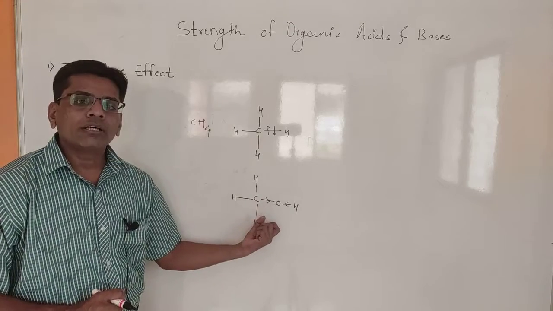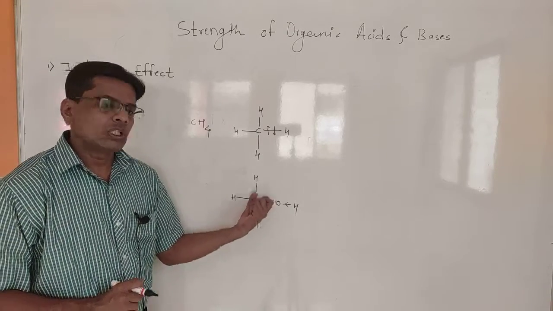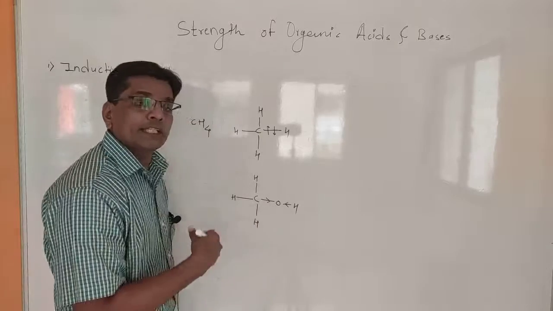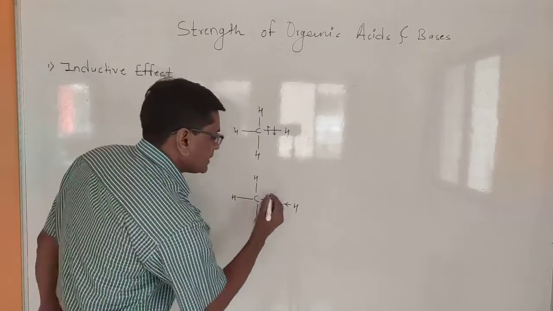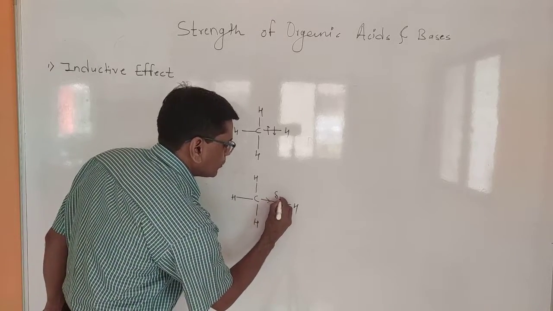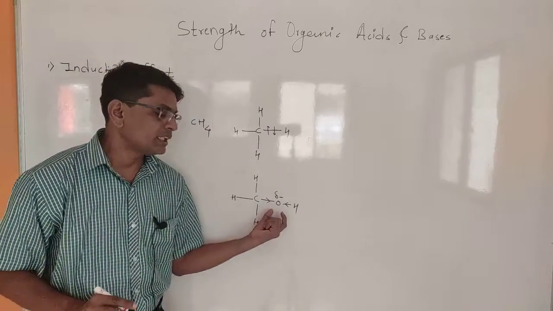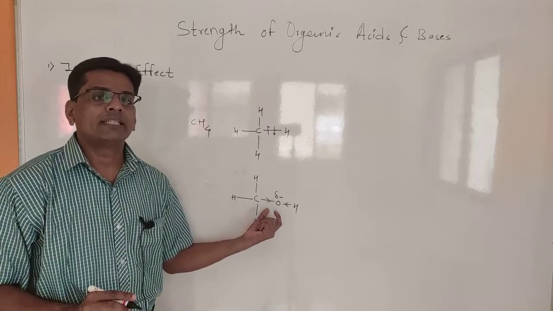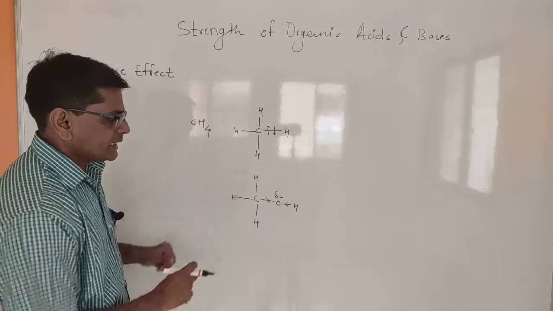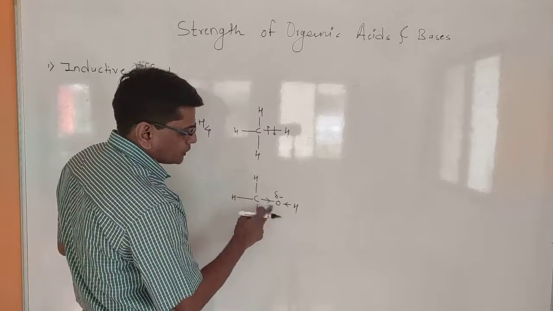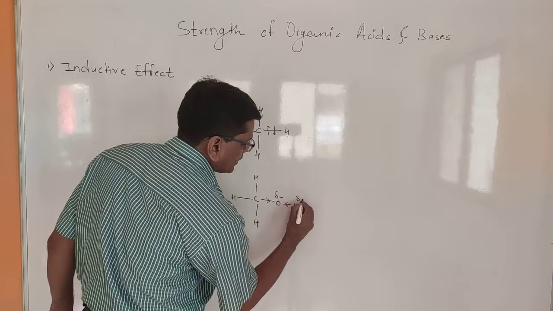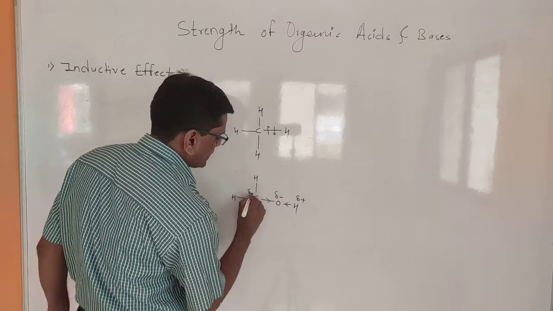When it withdraws the electron from the neighboring atom, this oxygen becomes electron rich. Due to that, it creates a negative pole. So that is called the partial negative charge formed at the oxygen, and at the same time at its neighboring position it creates delta positive charge.